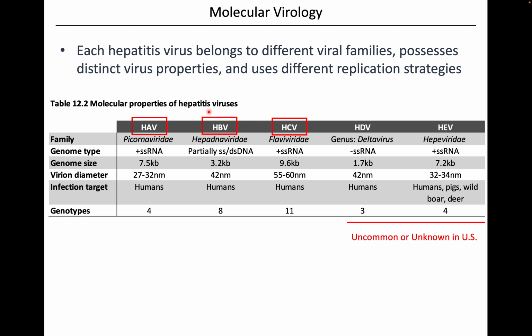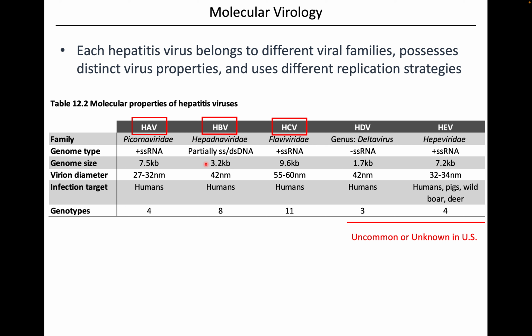So, as I mentioned, all these viruses, even though they all cause the same clinical disease, are distinct viruses and, in fact, get classified in completely different families. Both hepatitis A and C are positive sense single-stranded RNA viruses. Hepatitis B is something actually quite unusual that we'll get into in a minute.